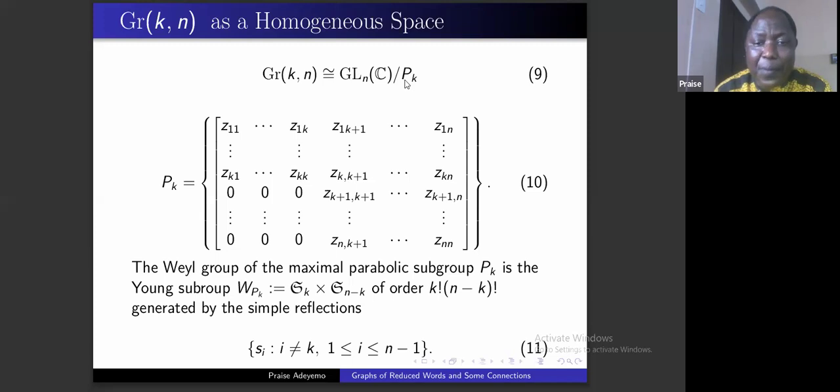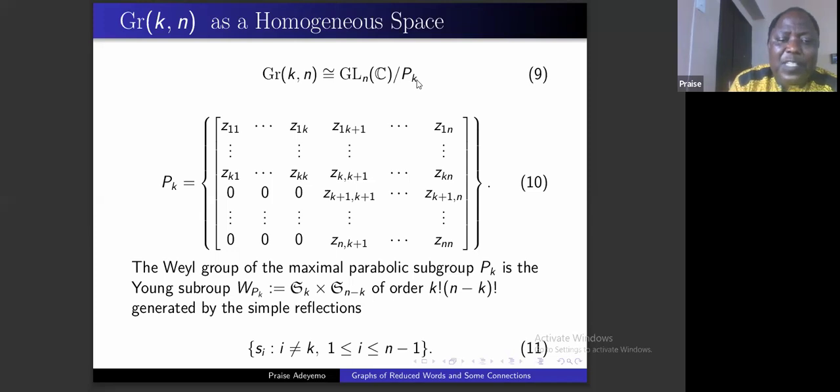That is not the Borel. The Borel is the set of upper triangular matrices, but the parabolic subgroup is given by this general form. This P_k is a maximal parabolic subgroup, because it is indexed by just one root.